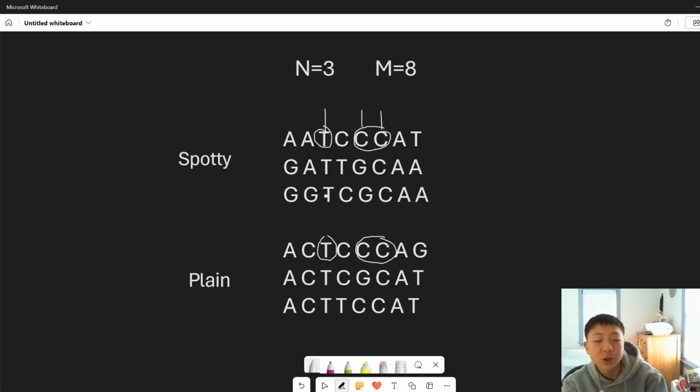And if we were to just look at those indexes, we're not going to be able to tell if a TCC is plain or spotty. So if we were to only look at these 3 indexes, we would not be able to tell which one is spotty, which one is plain. And it turns out that there are 22 combinations of finding 3 indexes which make it able to tell if a cow is plain or spotty.